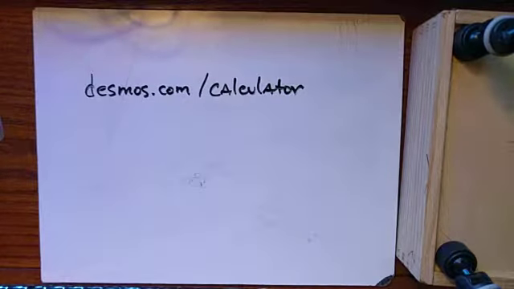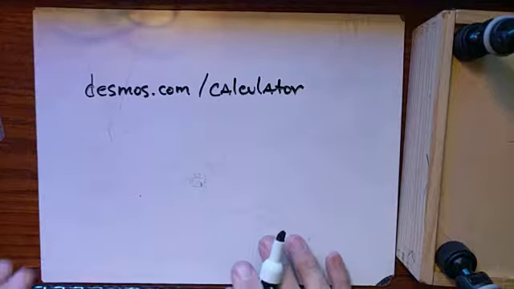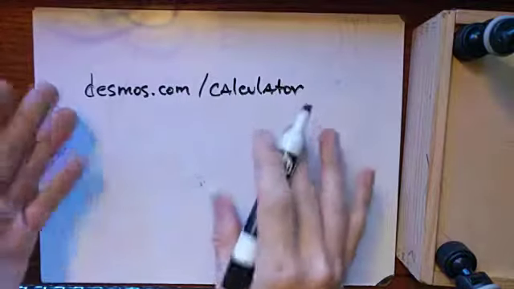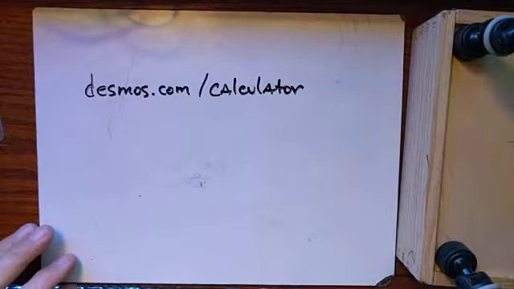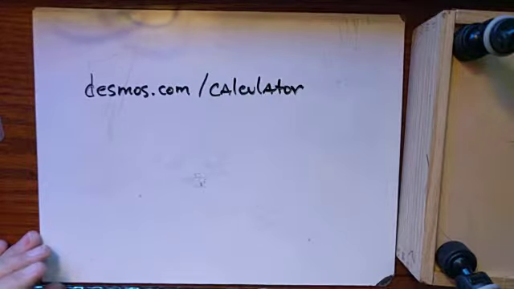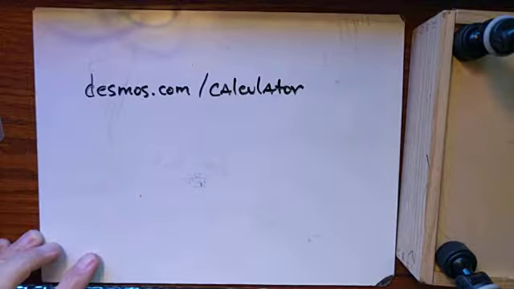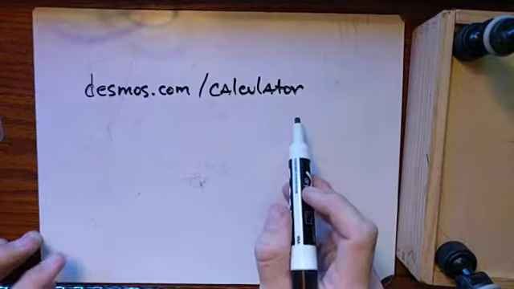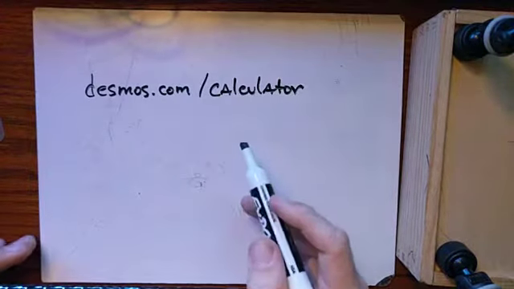When you go to that calculator, you can graph parametric equations. So I'm going to write here how to do that, and I'm going to trust that you go to this website and actually try this out for yourself. And in the video description below, I'll put a link that will further explain how to do this.